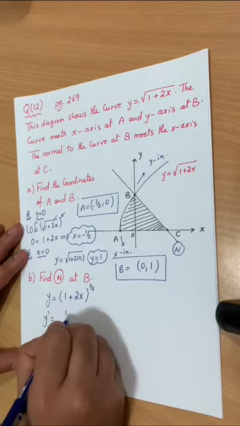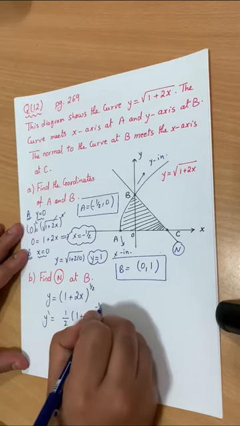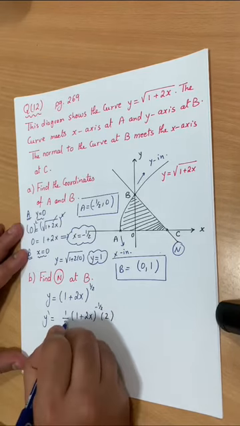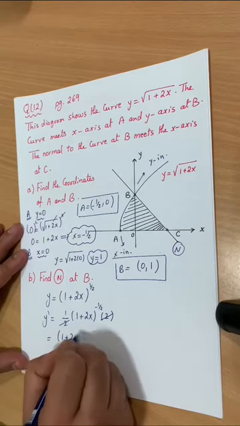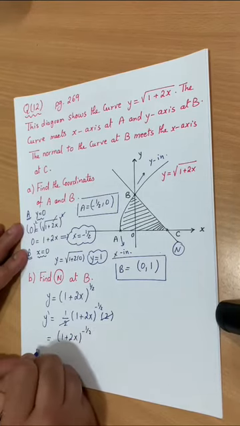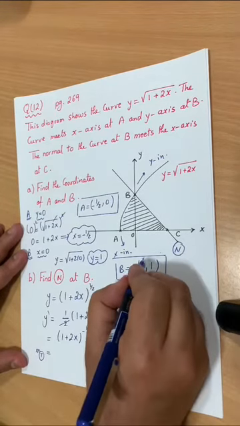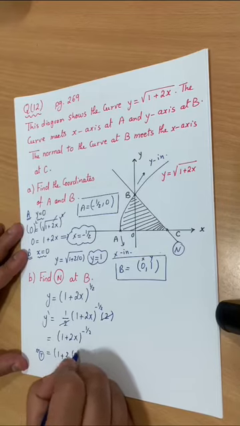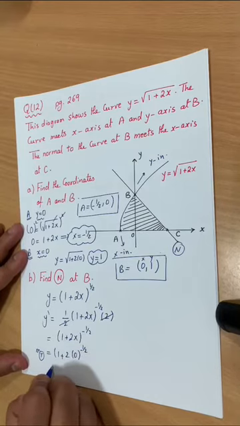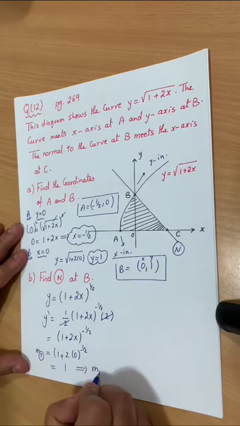Y dash is half (1 plus 2x) all to the power of negative half times 2. Then it's (1 plus 2x) to the power of negative half. Gradient of the tangent, remember this is point B, so 1 plus 2 times 0 to the power of negative half, which is equal to 1. So the gradient of the normal is negative 1.